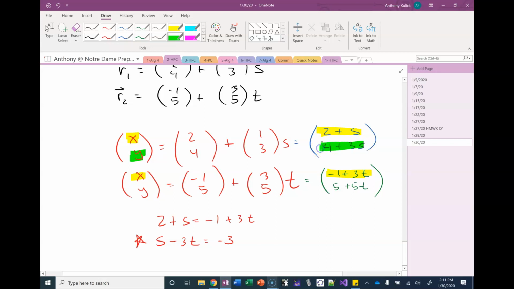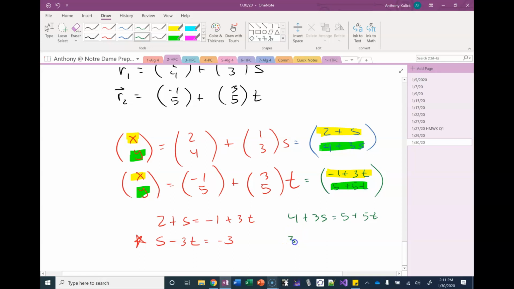Next, I'm going to take y equals 4 plus 3s and y equals 5 plus 5t. And I'm going to set those equal to each other since they're both equal to y. They can both be equal to each other.